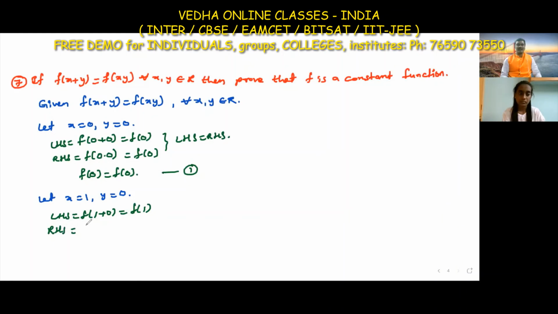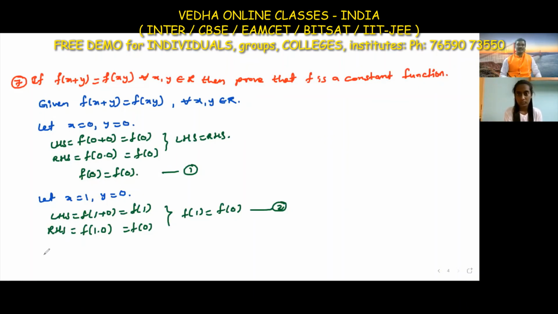Check the RHS: f(1 into 0), and 1 into 0 means f(0). So f(1) equals f(0), since LHS and RHS are given to be equal. This is equation number 2.